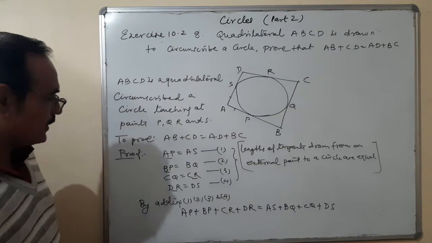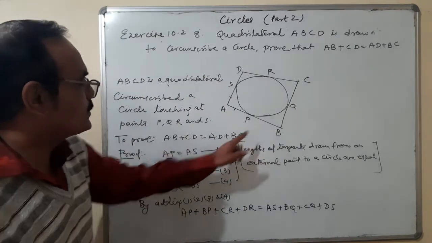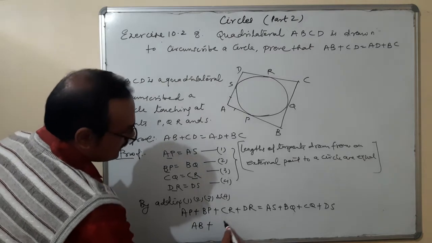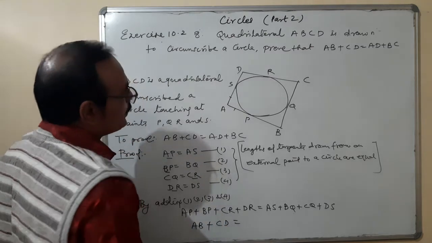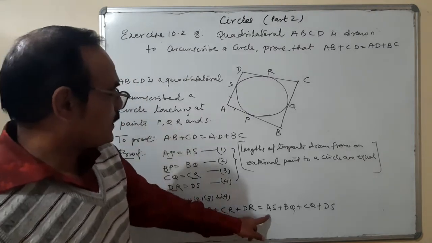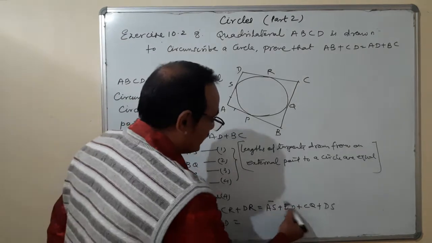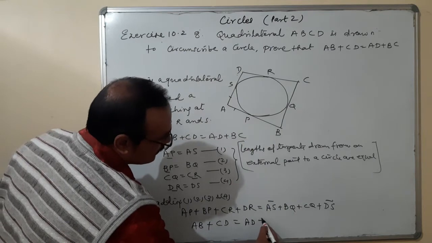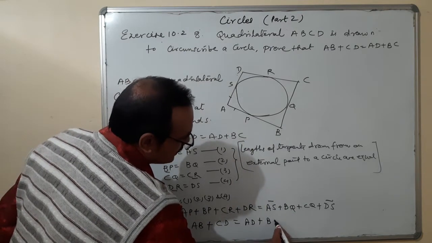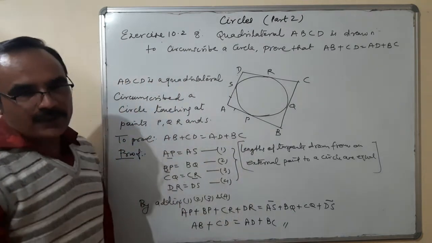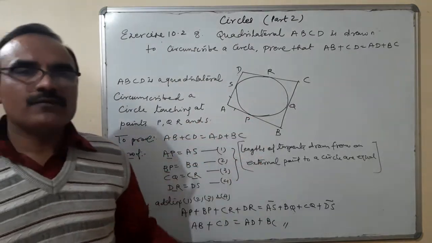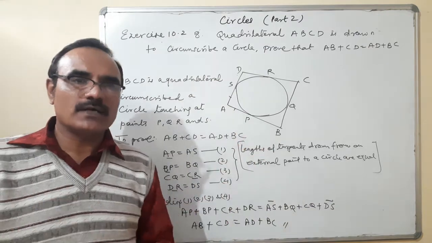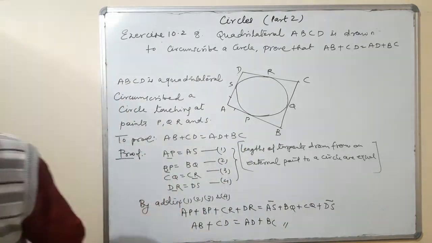Now clubbing them, AP plus BP makes AB, CR plus DR makes CD, is equal to AS plus DS, which makes AD, and BQ plus CQ, which makes BC. Proved. So in a quadrilateral circumscribing a circle, the sum of opposite sides is always equal to the sum of the other two opposite sides.